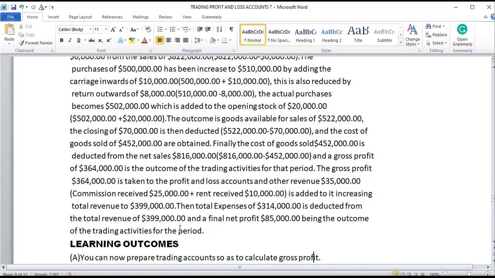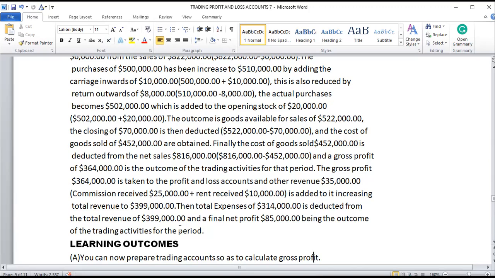Normally the profit is calculated either at the end of the month to assess the performance during that month, or at the end of the year to assess the total performance of the business for the whole year, so that they know whether they are making profit or not, and if there are any corrective measures to be implemented, they can do it.